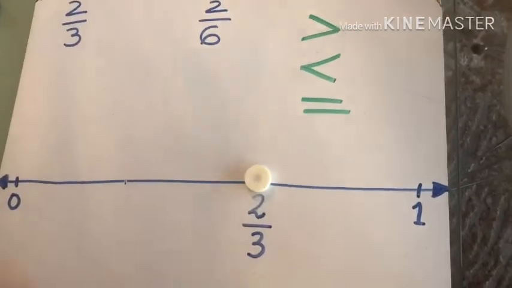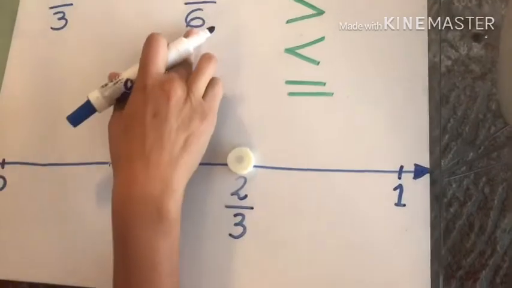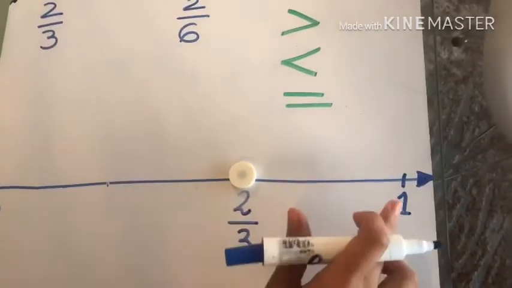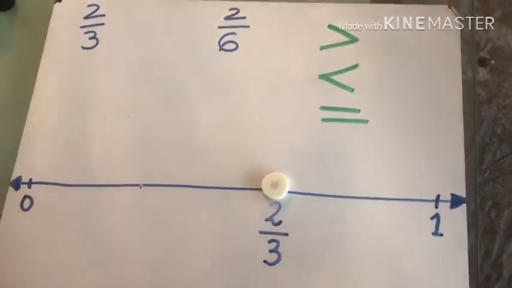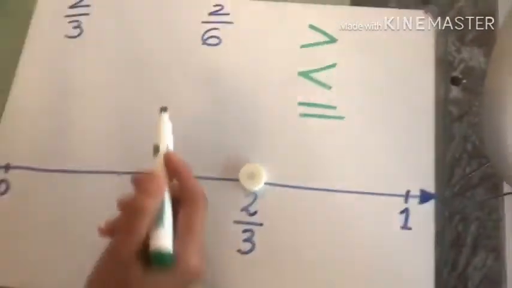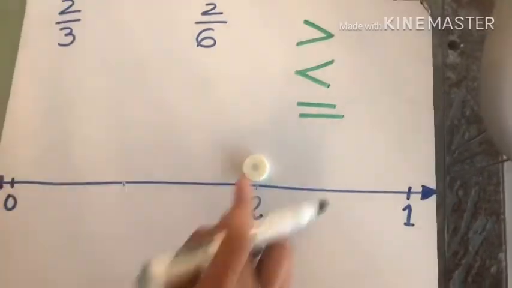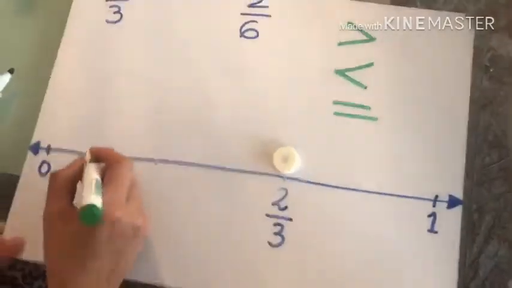Okay? And then now, this one shows me that I have to cut my number line into 6 pieces. I'm going to use another color so you can notice what I'm doing. And I only have 3 so far, so I have to add extra tick marks.